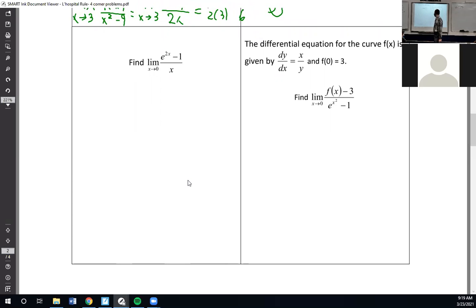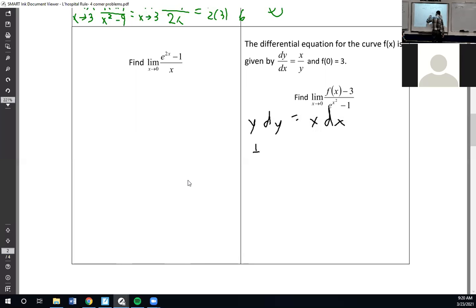To get f of x, we're going to have to do separation of variables. It's not a hard separation of variables, but it is a separation of variables. We're going to separate out the variables. We need to multiply by the y to get it over here. We need to multiply the dx to get it over here.